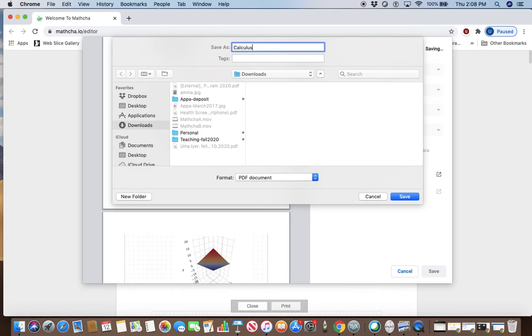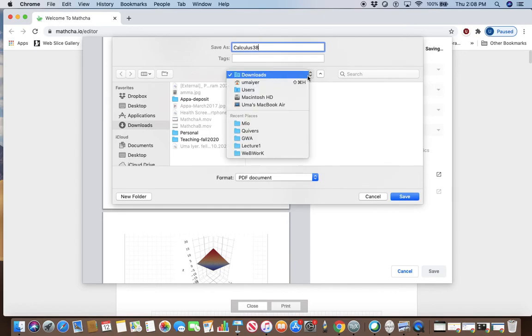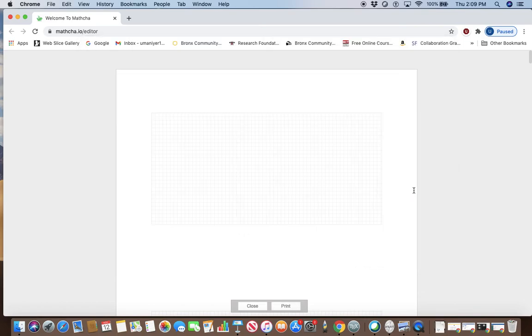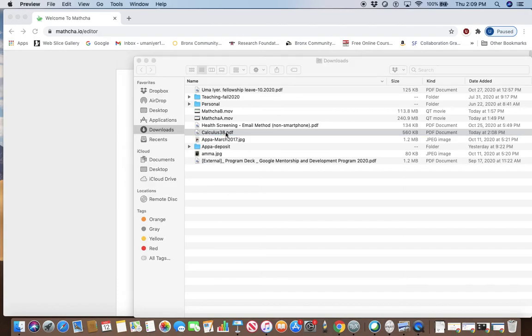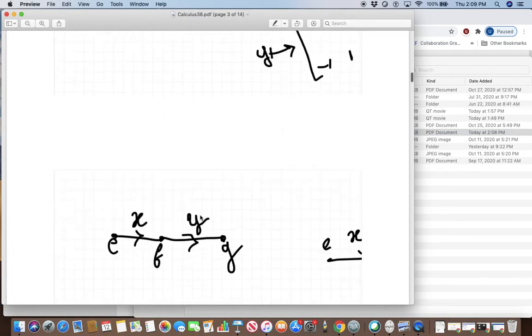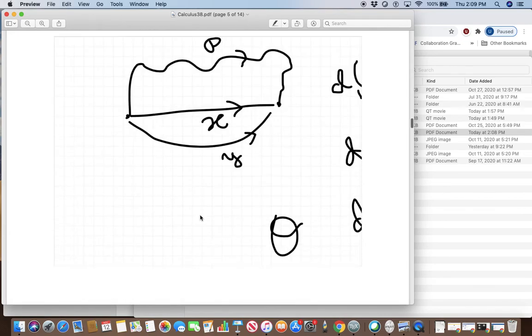Calculus, lecture number, I don't know, 38, right? Calculus 38 lecture. I'm saving it wherever I felt like. So this is in downloads. I can change my folder where I wish to save, but I'll save it in downloads. I have saved it. And if I go to my downloads folder, Calculus 38, there is my file.